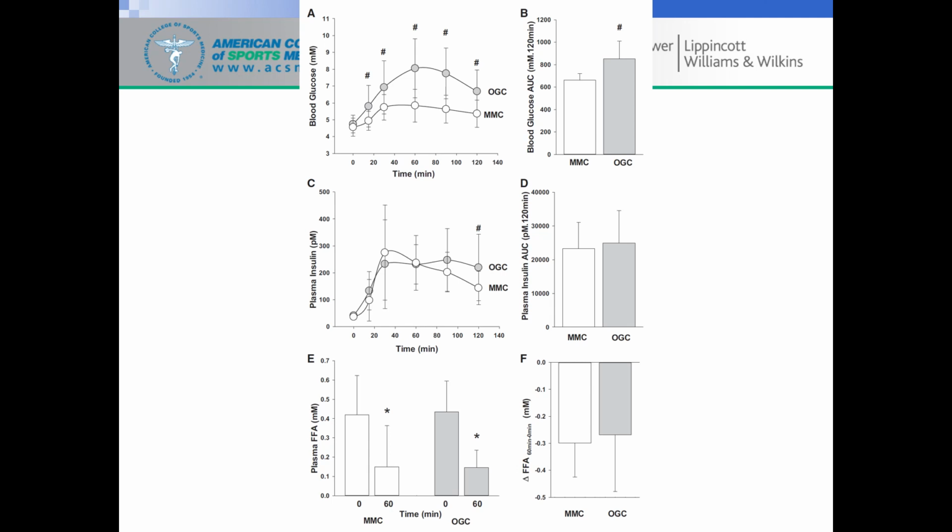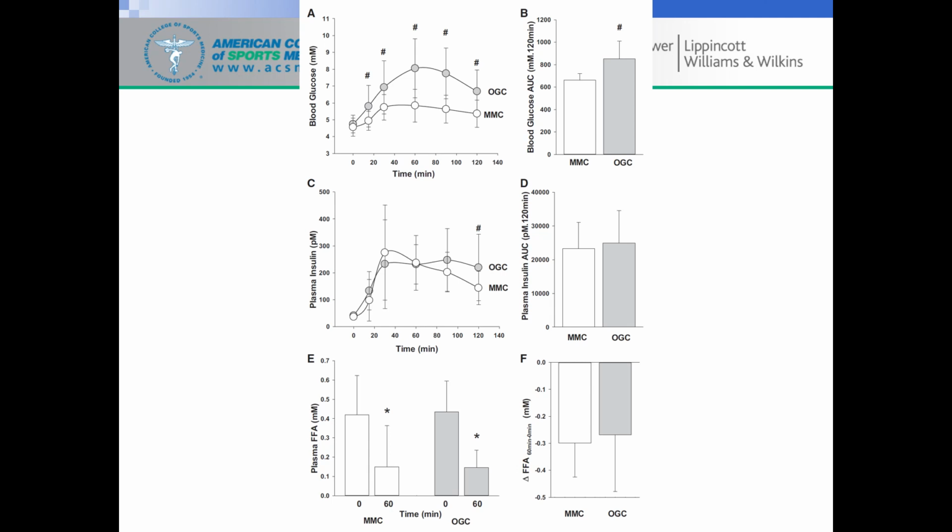However, as I said, protein and glucose will all stimulate insulin. So if you look at the concentration of insulin in the body, it's pretty much the same, with a little bit of a difference over here at 2 hours after the meal. No difference in the area under the curve. And if you look at the plasma free fatty acids, fasting and 60 minutes after the mixed meal, and fasting and 60 minutes after consuming glucose, there's a sharp reduction in both.